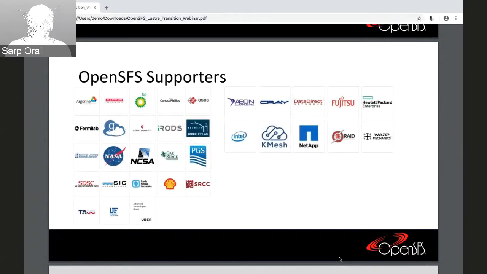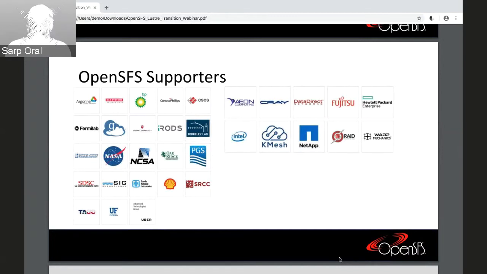So this is the current list of our OpenSFS supporters. The left-hand side shows the members, the right-hand side shows the vendors. We are growing. You can see there are oil and gas, large-scale HPC clusters, and some academia over there.